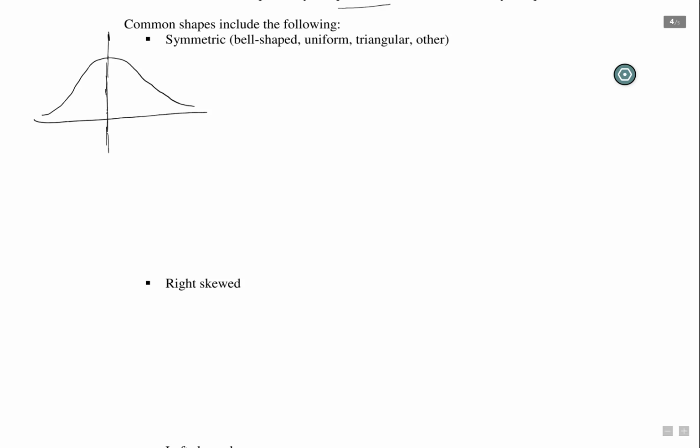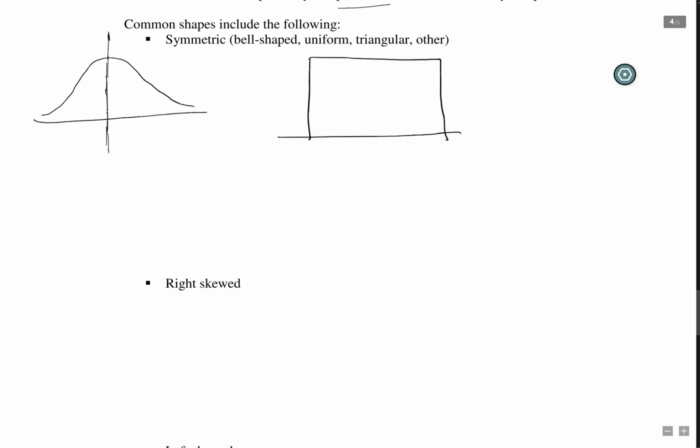We could also have a uniform shaped distribution. It might look something like this. This is uniform shape. This reflects that the values in the data set are equally likely.